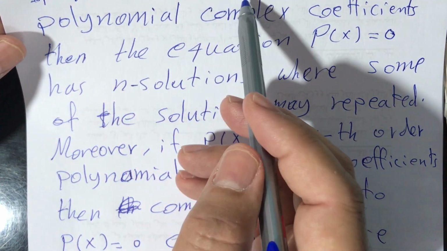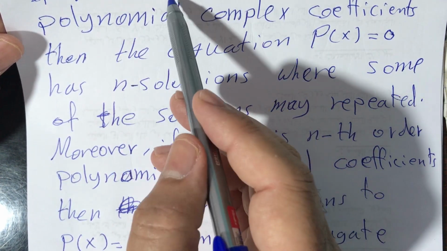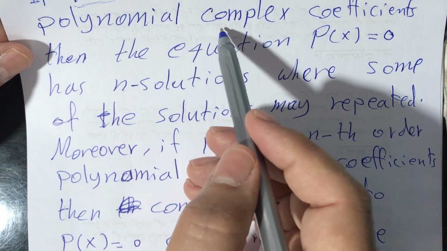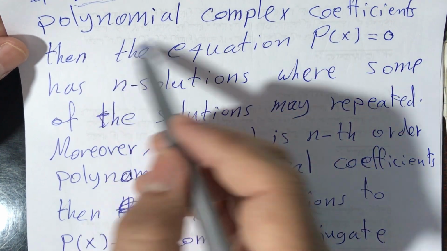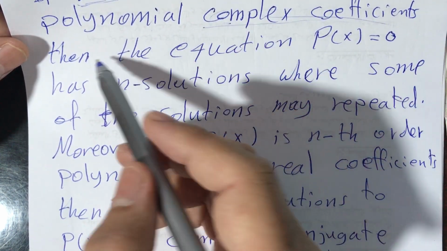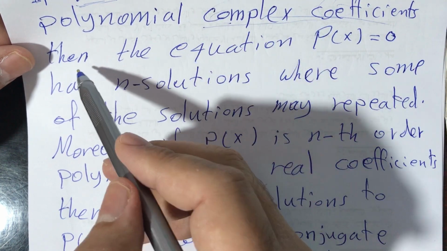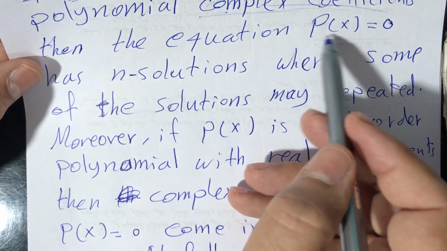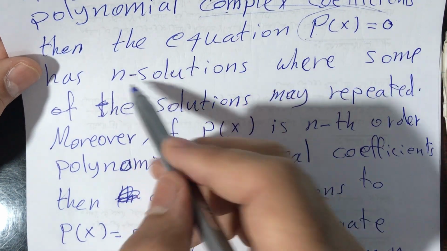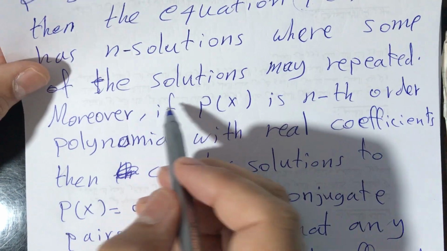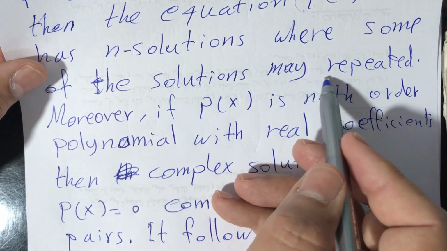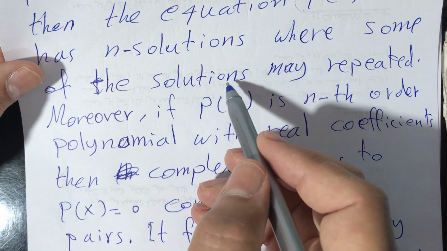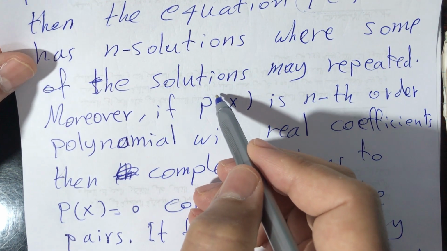If P of X is an nth order polynomial with complex coefficients, then the equation P of X equals 0 has n solutions, where some of these solutions may be repeated.